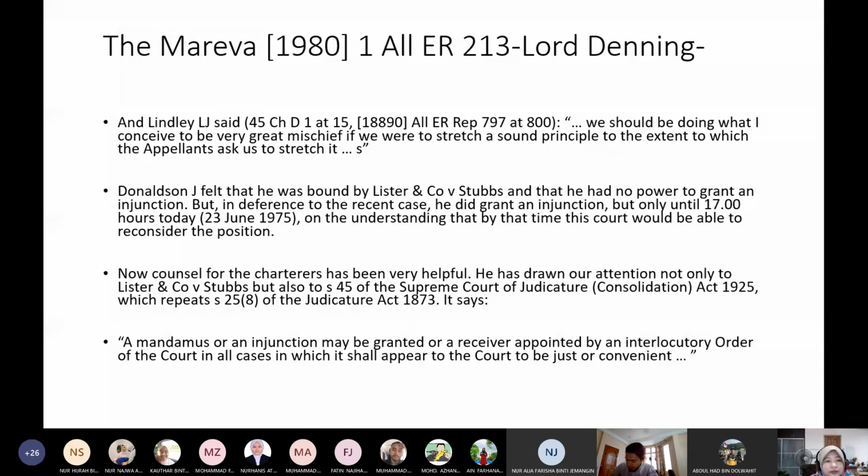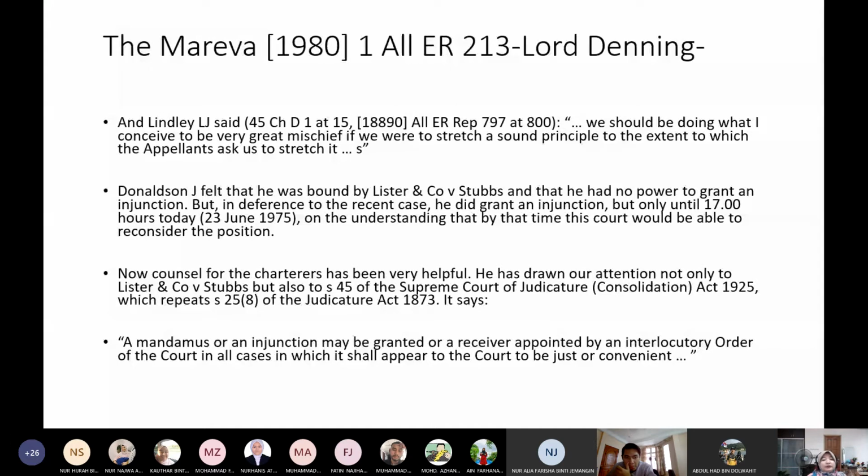So the previous High Court judge referred to Lindley as well, and Donaldson J felt that he was bound by Lister, that the court had no power to grant an injunction. But in difference to the recent case, he did grant an injunction on the understanding that by that time this court would be able to reconsider the position.